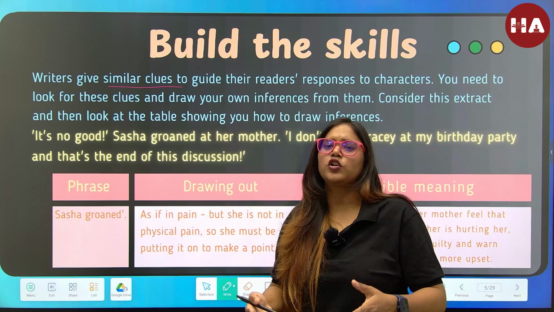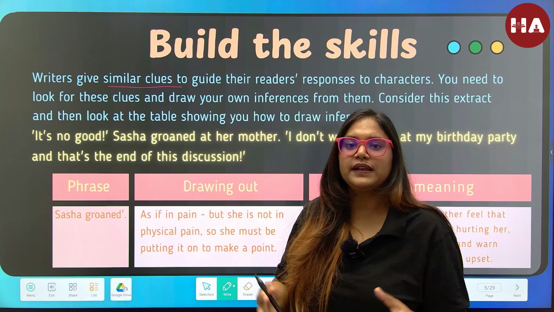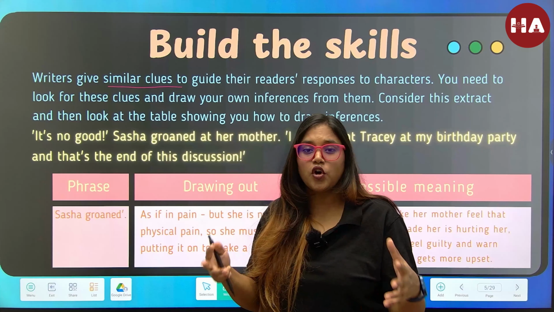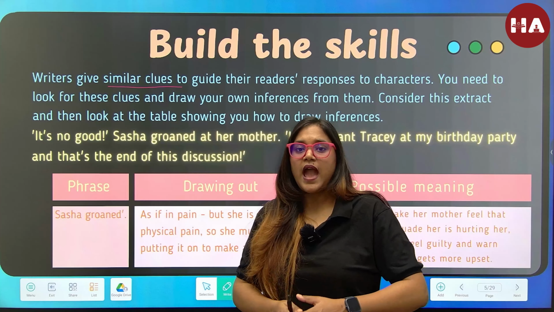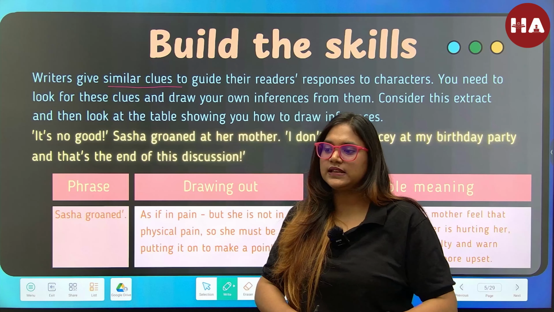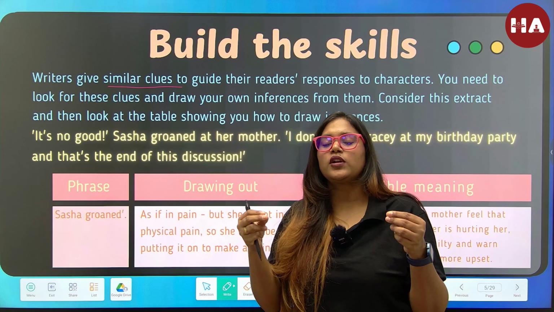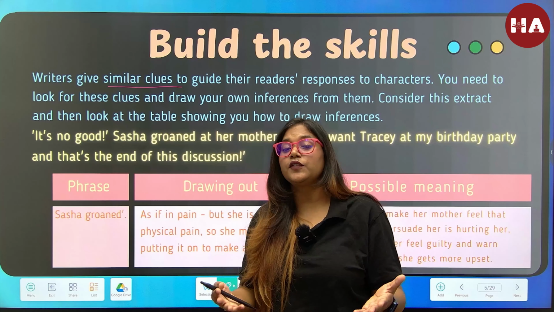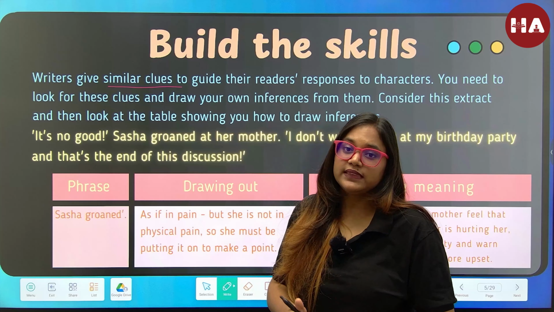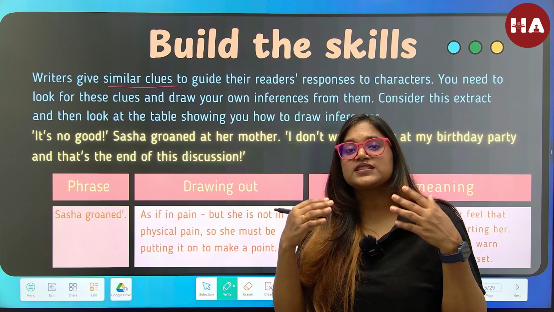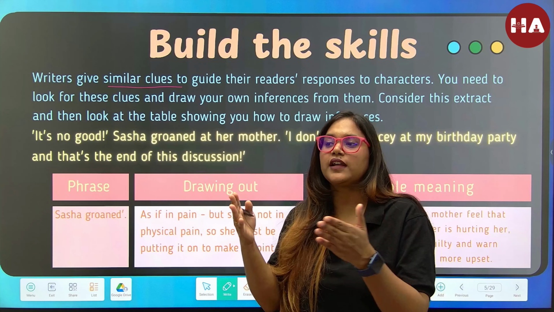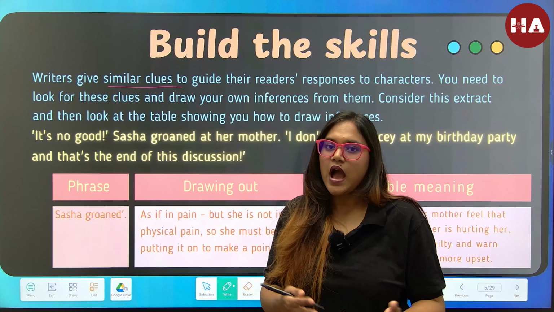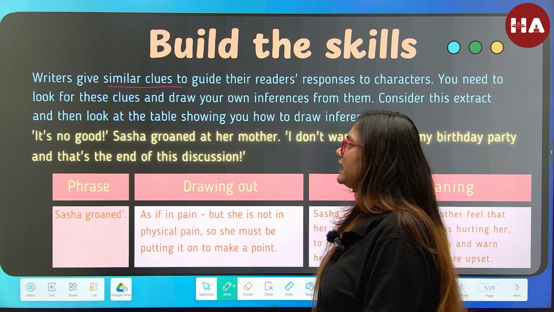You would have read a lot of novels, if not a lot then at least one in your life, or if not novels, you would have read stories, and in those stories you would have seen that the writer does not serve you on a platter. Instead, they just leave it to you to figure out that character, what that particular character is feeling about a certain thing. So this is what writers do.